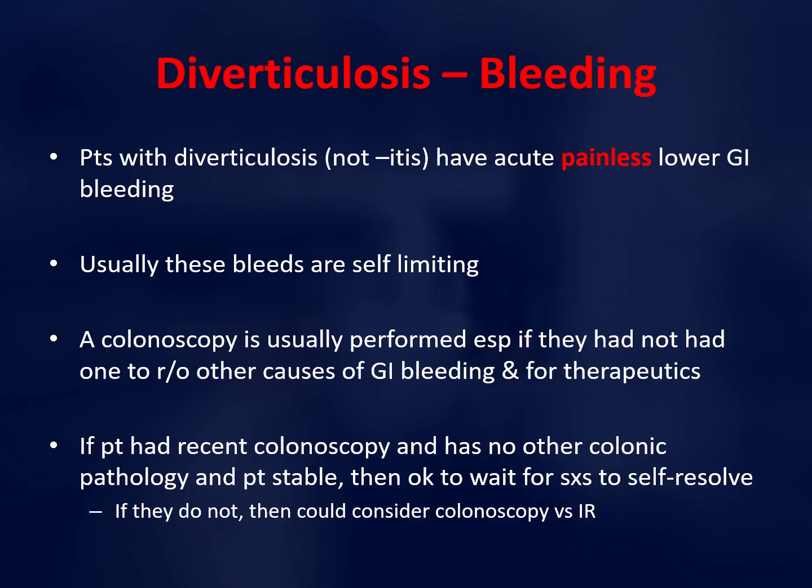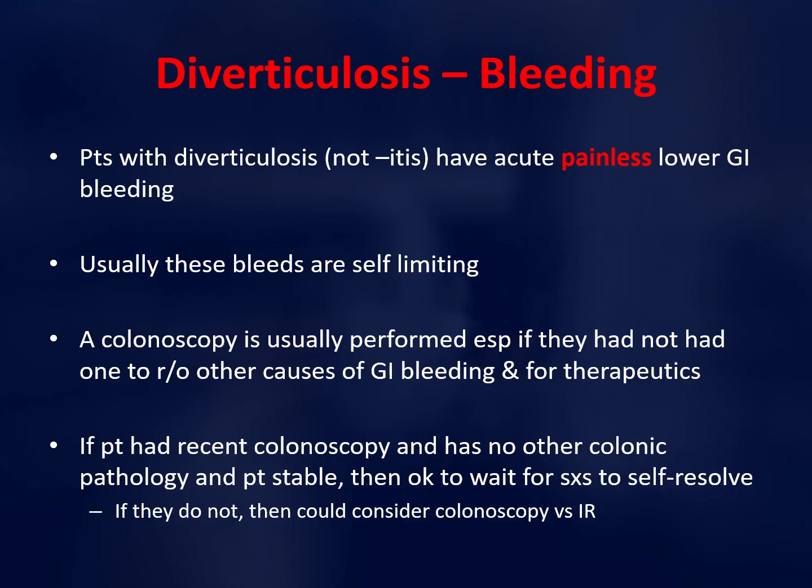A colonoscopy is performed, especially if this patient did not have any previous colonoscopy, to rule out other causes of GI bleed, and sometimes for ongoing bleeding for therapeutic purposes. If the patient had a recent colonoscopy and has no other potential colonic pathology and he's stable, then we can wait for symptoms to self-resolve.